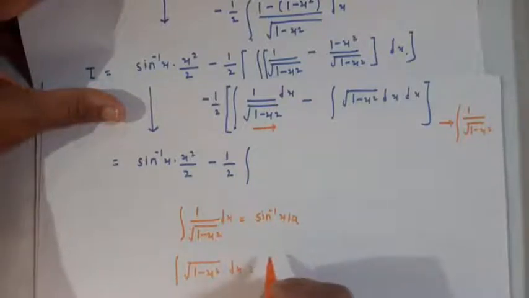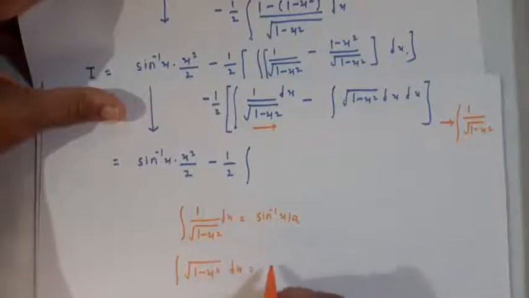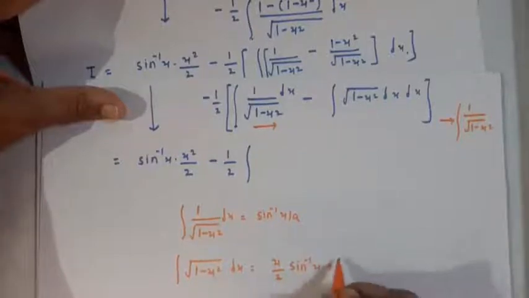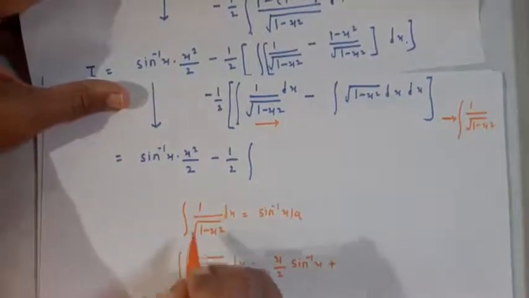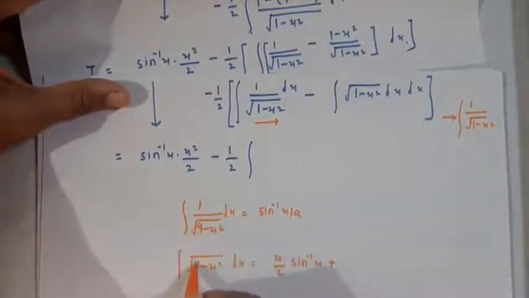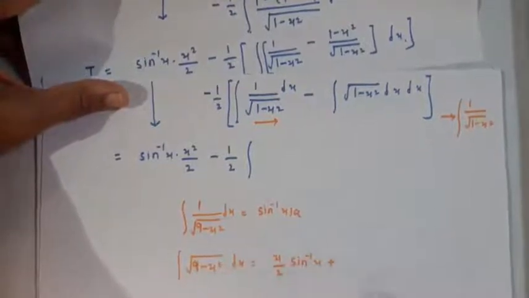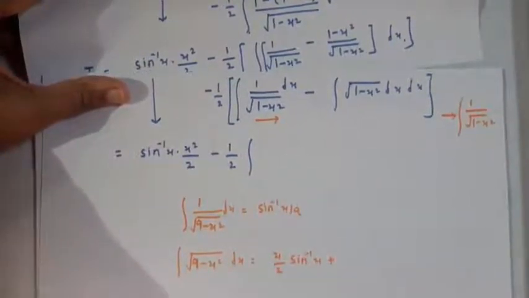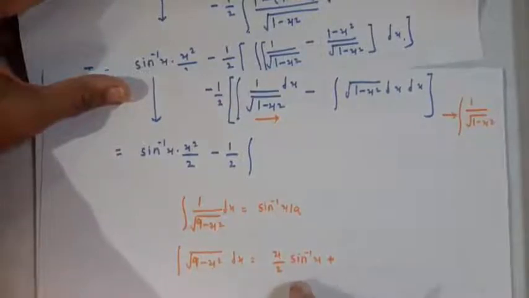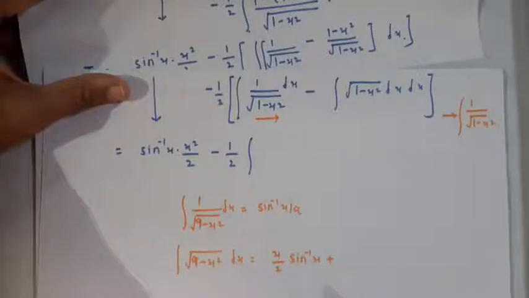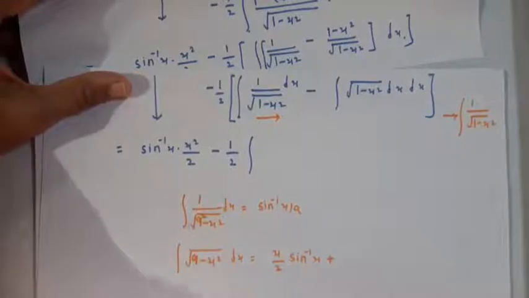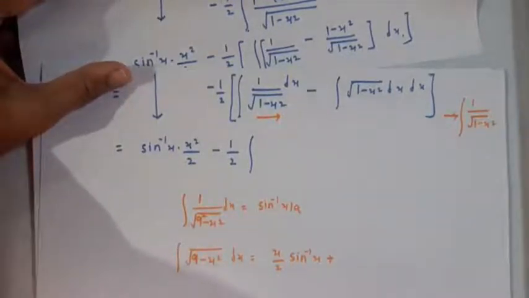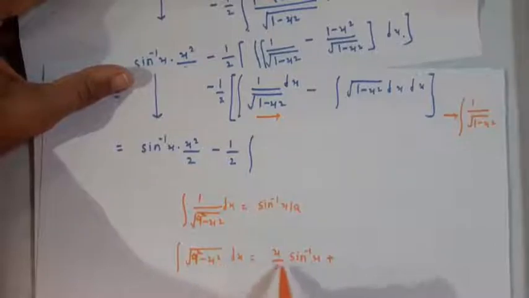This is the integration of the form square root of a square minus x square with respect to x.